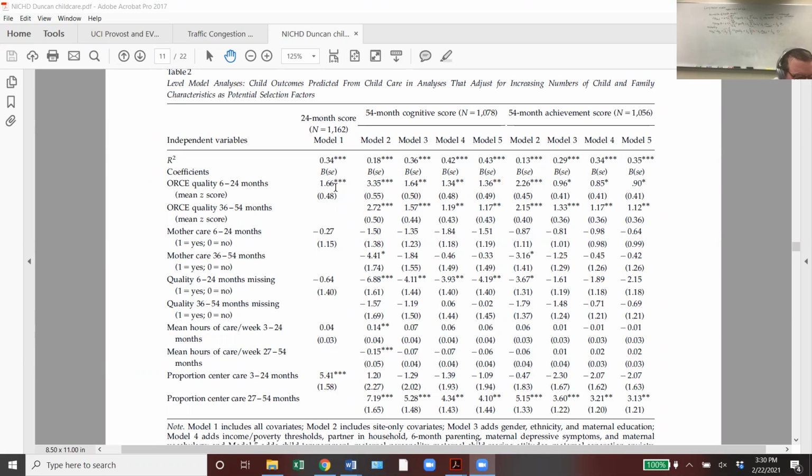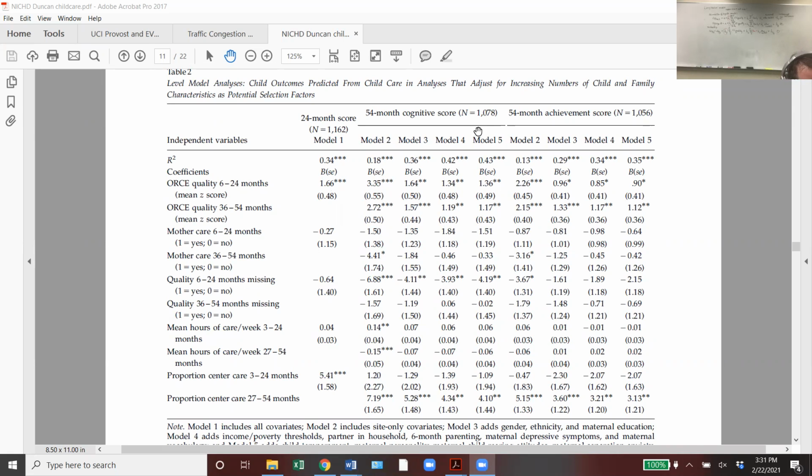The only thing that you can look at in terms of childcare quality is early childcare quality. And you get, this is a Z-score, right? A 1 standard deviation change in childcare quality is associated with a 1.66 point change in test scores. If the standard deviation is about 15, that's about a 1/10 of the standard deviation.